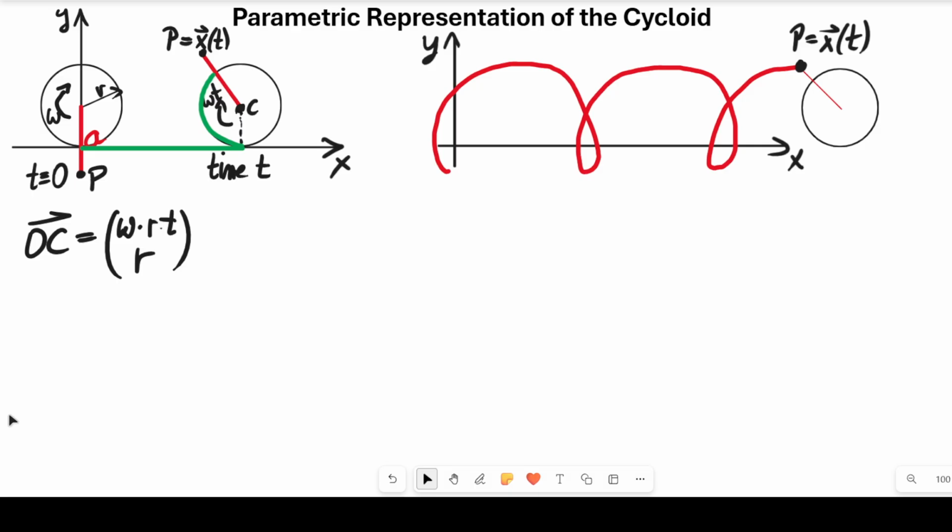Now we also need to include the rotational motion of the crank, of this red crank, to describe the point P. And we also want to describe the vector x, the vector from the origin to this point P, in order to get the formula.